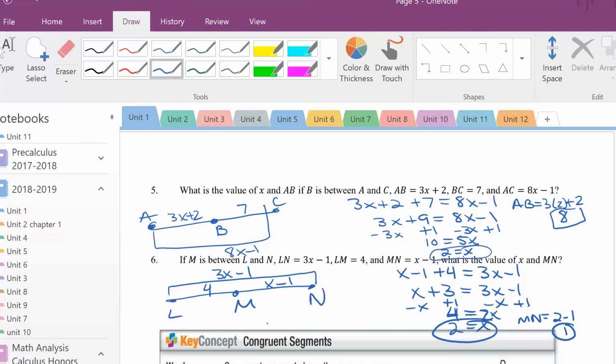And then when you put 2 back in for AB, you get 8. Same thing for number 6. M is between L and N. So you draw the picture. So x minus 1 plus 4 equals 3x minus 1. You solve to get 2, and then you put the 2 back in for MN to get 2 minus 1, which is 1.